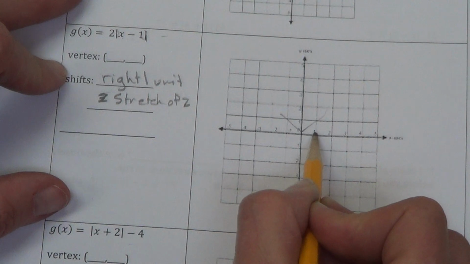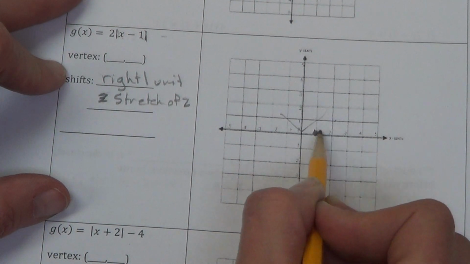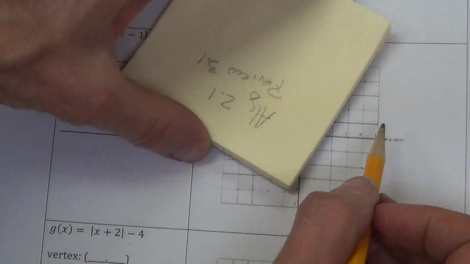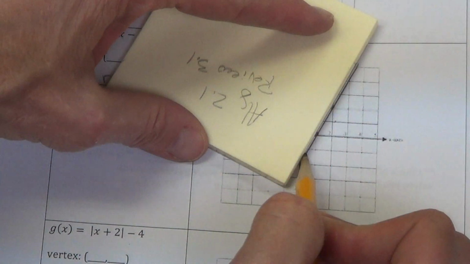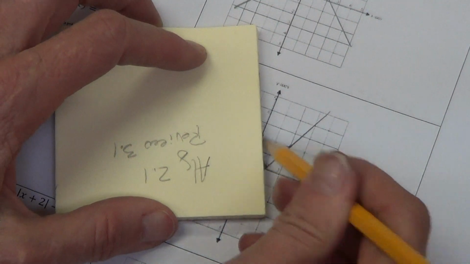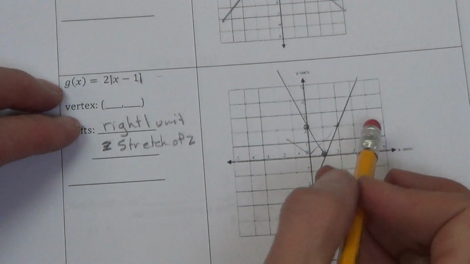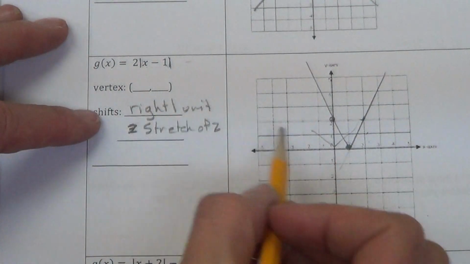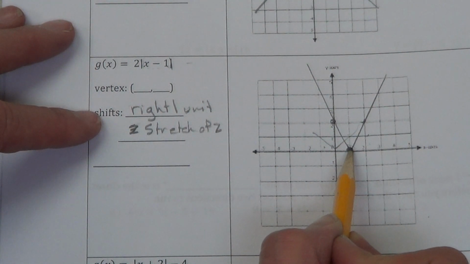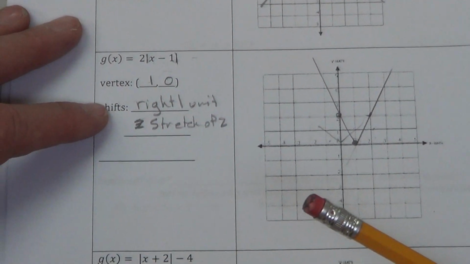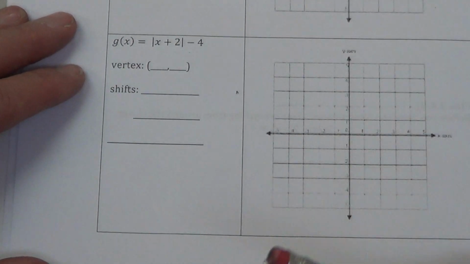We go to the right 1, put our new vertex, and now instead of going up 1/1, we go up 2/1, and we make a skinny, real skinny V shape. I went a little bit past my vertex there. My vertex is at 1, 0. Okay, next graph.